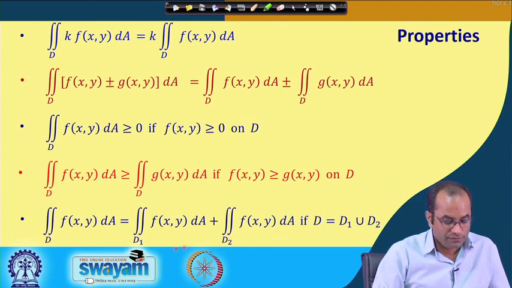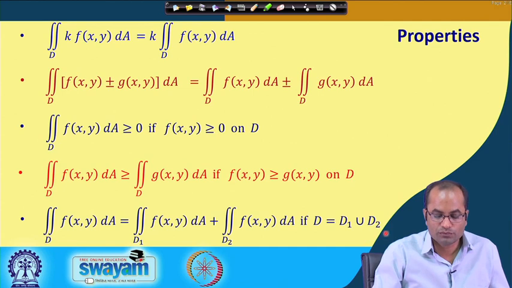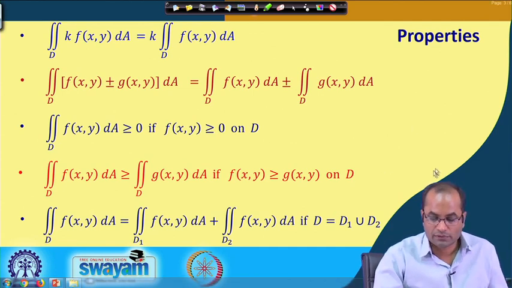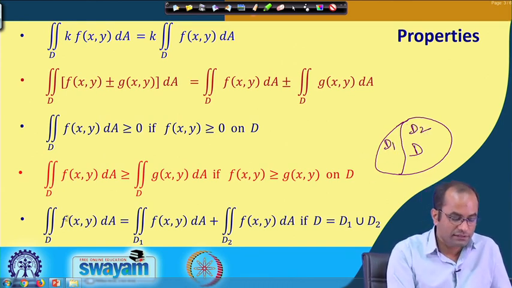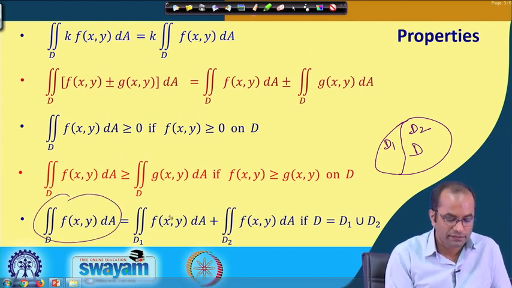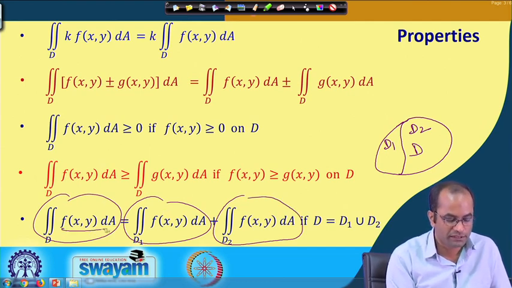The last one which we are discussing here is the additive property. We have this integral over D, and if we break this domain into two parts, for example, this domain D which we have divided into the domains D1 and D2, then the integral over D we can write as the integral over D1 plus the integral over D2, with the same integrand and the same integral, only the region has changed.